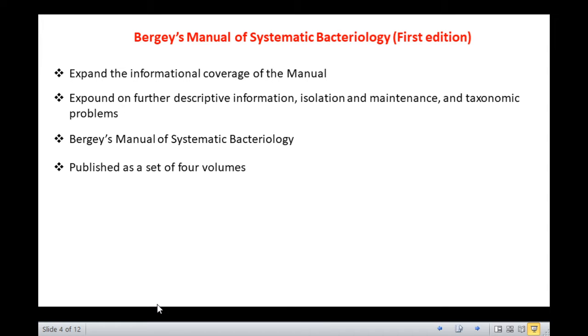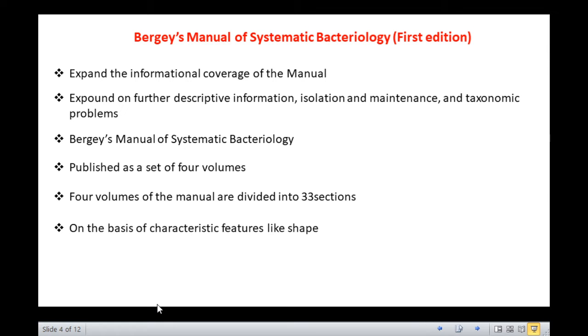The 4 volumes of the manual are divided into 33 sections on the basis of characteristic features like shape, size, structure, motility, enzymes, GC content and serotypes. Each section bears an appropriate vernacular name reflecting the criteria used in its definition.